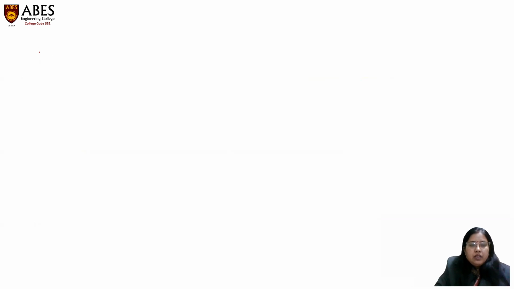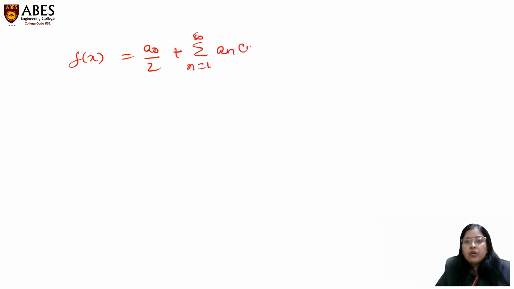Suppose the function is given as f(x) is equal to a0 by 2 plus summation n varies from 1 to infinity an cos nx plus summation n varies from 1 to infinity bn sin nx. Suppose this is the Fourier representation of the function.